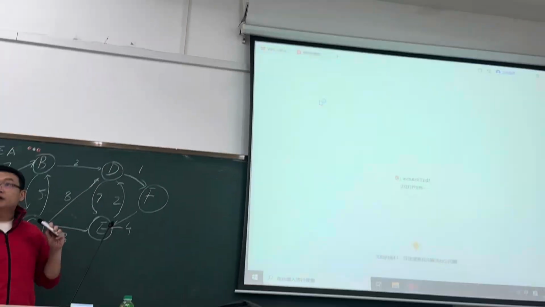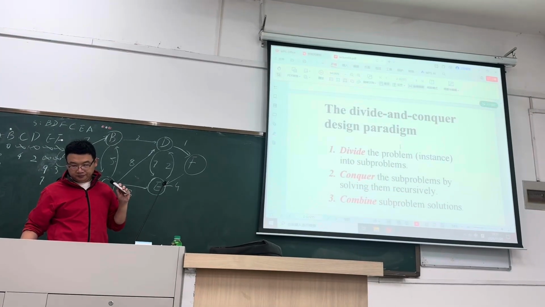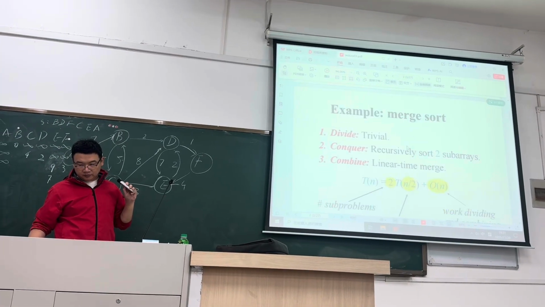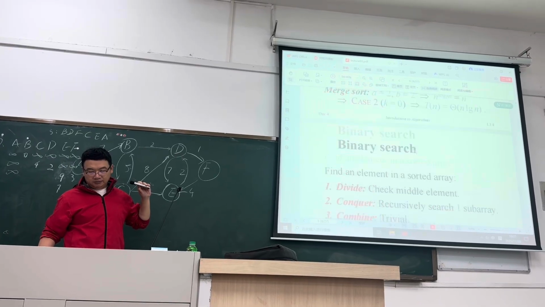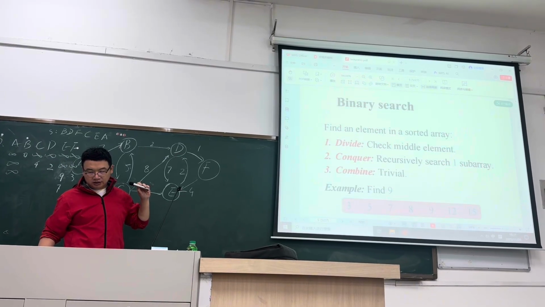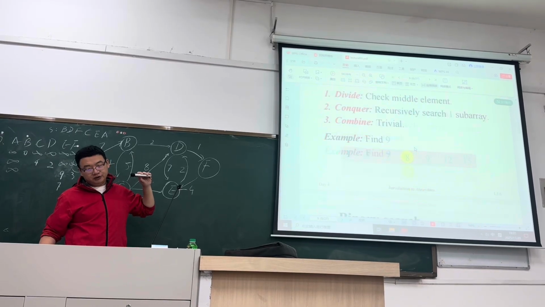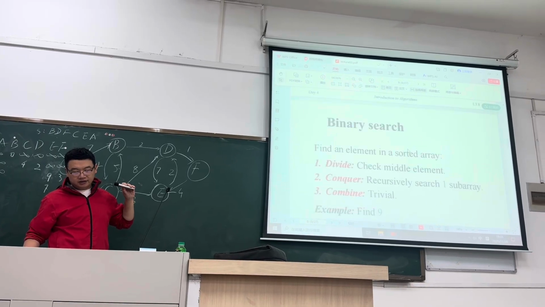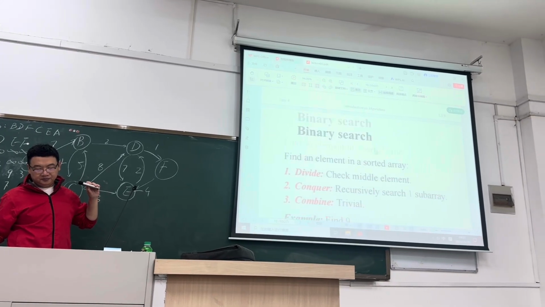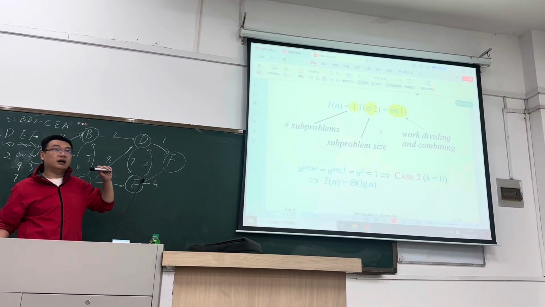So I will go to chapter 3. Yeah, chapter 3 is about the merge sort and binary search. I think that's the only thing in chapter 3, the binary search. This is the algorithm, and also the way to calculate the complexity.